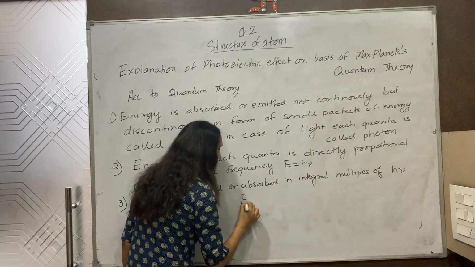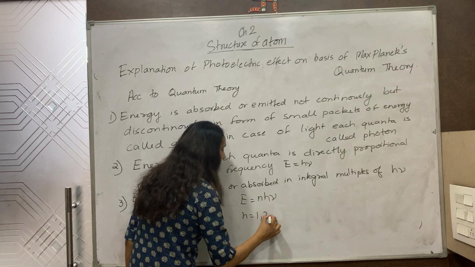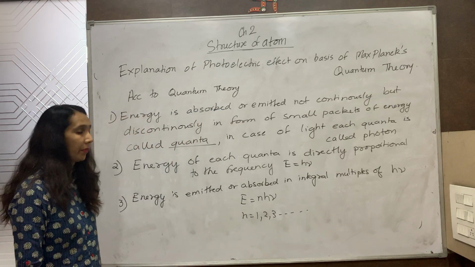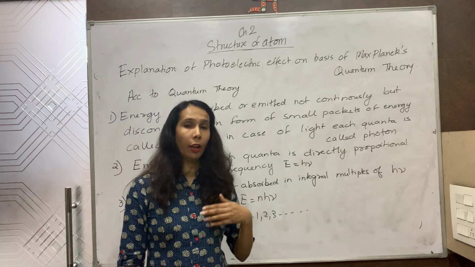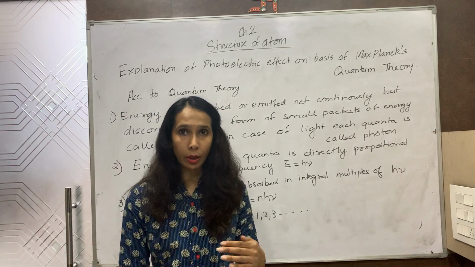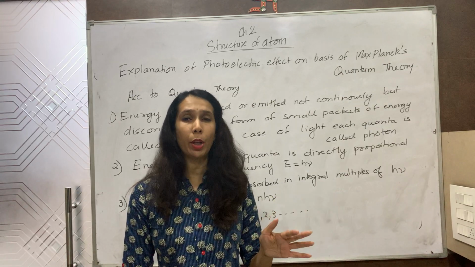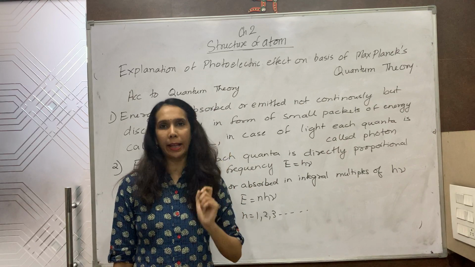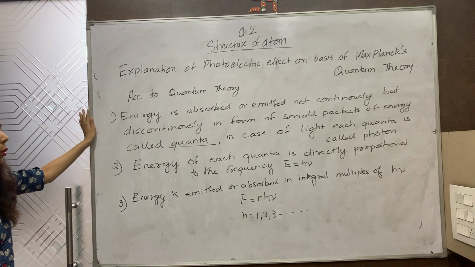That means E is equal to n h nu, where n can be 1, 2, 3 and so on. It cannot be in decimals. So a particular object can absorb or emit 5 quanta of energy, 6 quanta, 7 quanta, 8 quanta, not 8.2, 8.5, 8.6, no, not in fractions. So they will emit or absorb packets of energy. These are the main points of the quantum theory given by Max Planck.